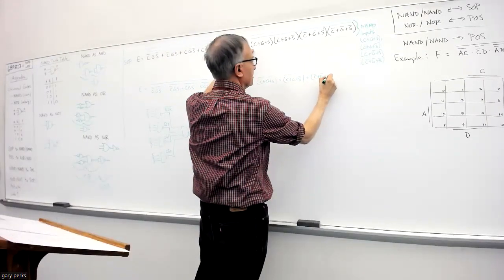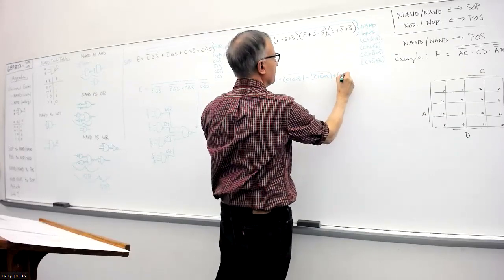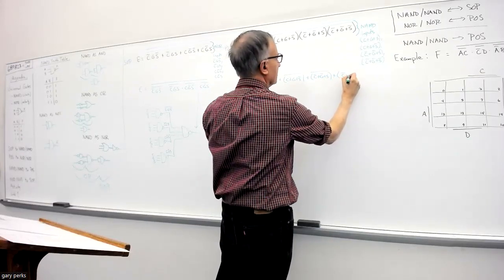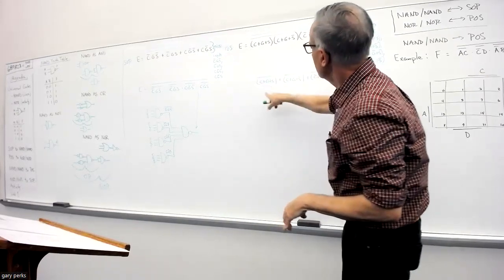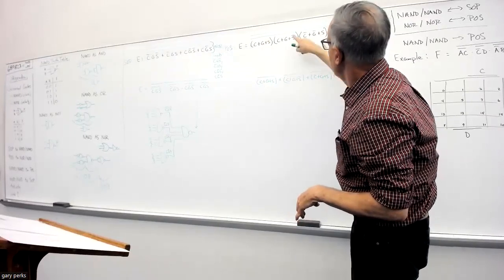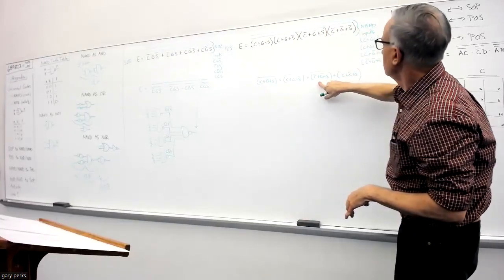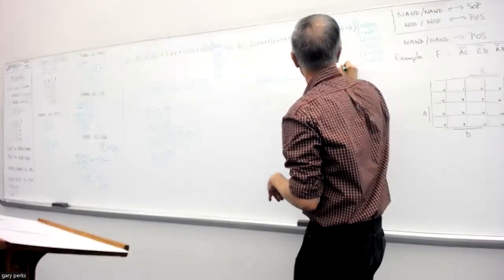This input, invert it, OR it with this input. Make sure I didn't make a mistake. So I took that input, inverted it, ORed with this input, inverted, and then again, you get that top bar.